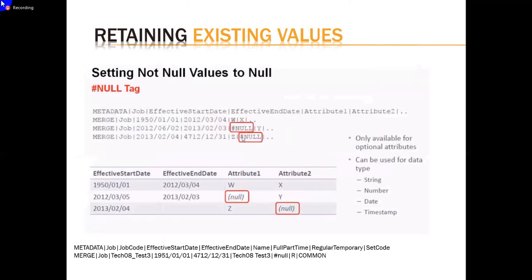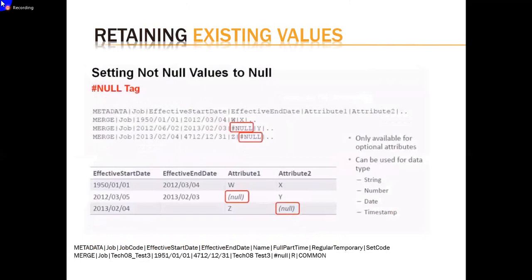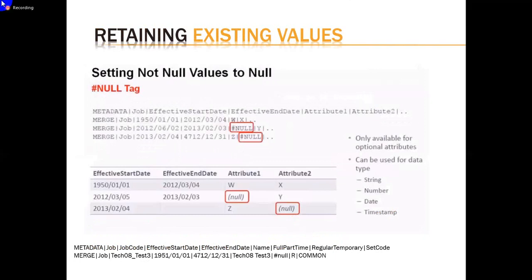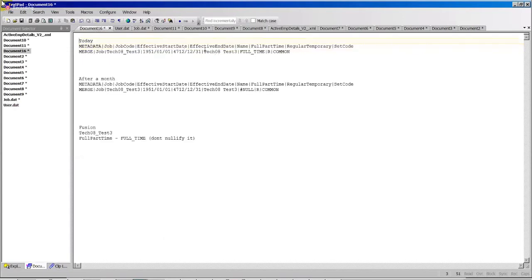Okay, and in the data file, can we use any single quote or double quote? No. If you use a single quote, for example, let us say you wanted to send the job name as tech08 space/3, and you send it like this, then what happens in the system is the name will not be entered as tech08 like that.